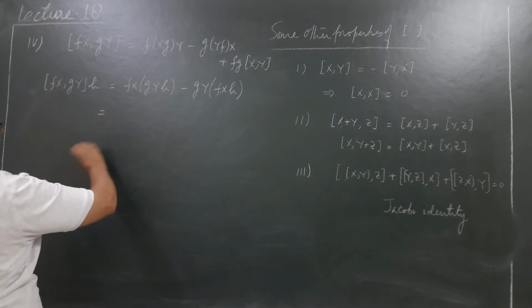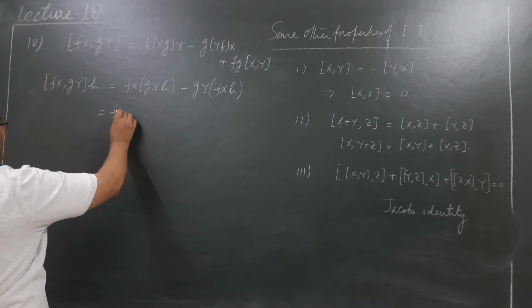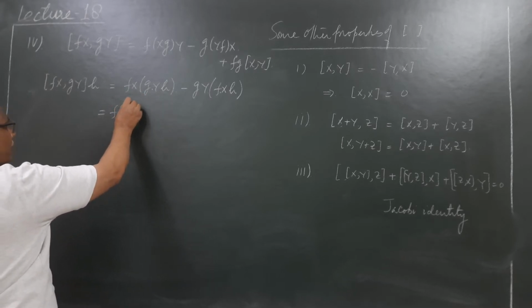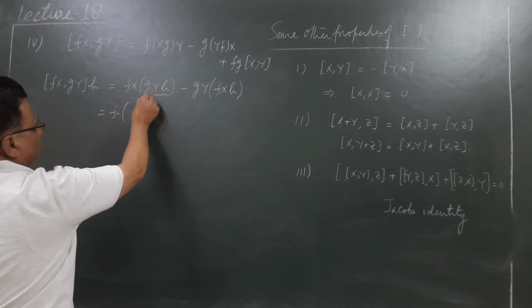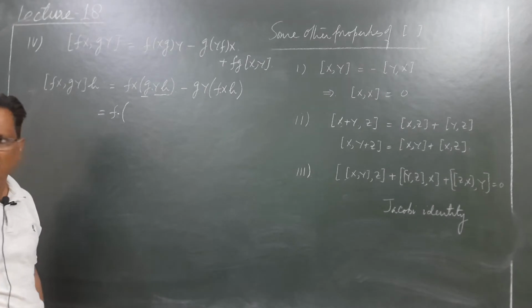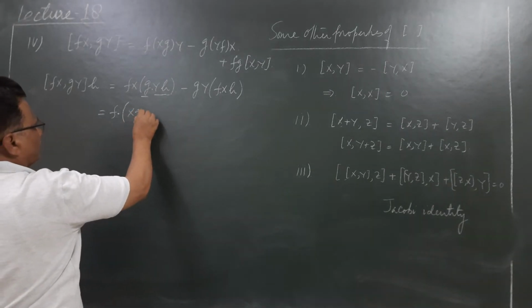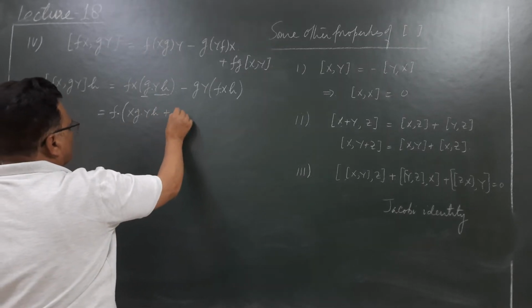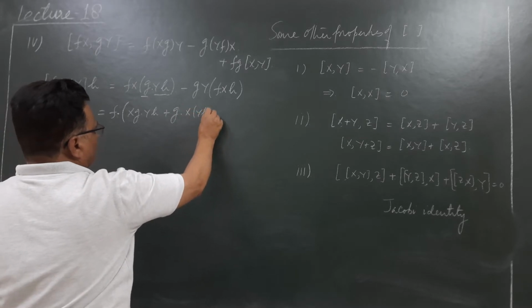Now we can simplify. So fx, so here fx means f into x. So f you keep outside, x operating on the product of two functions. So this is the first function, this is the second function. So by Leibniz rule, xg into yh as it is, and then plus g as it is, x operating on yh.